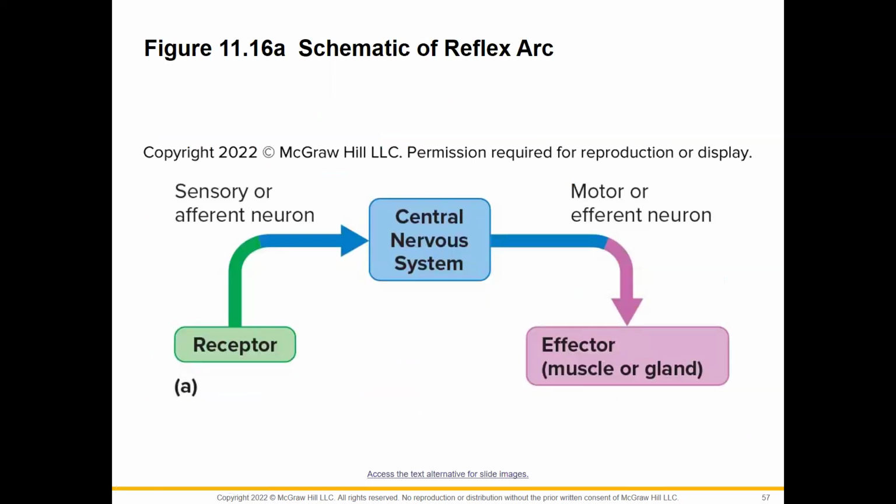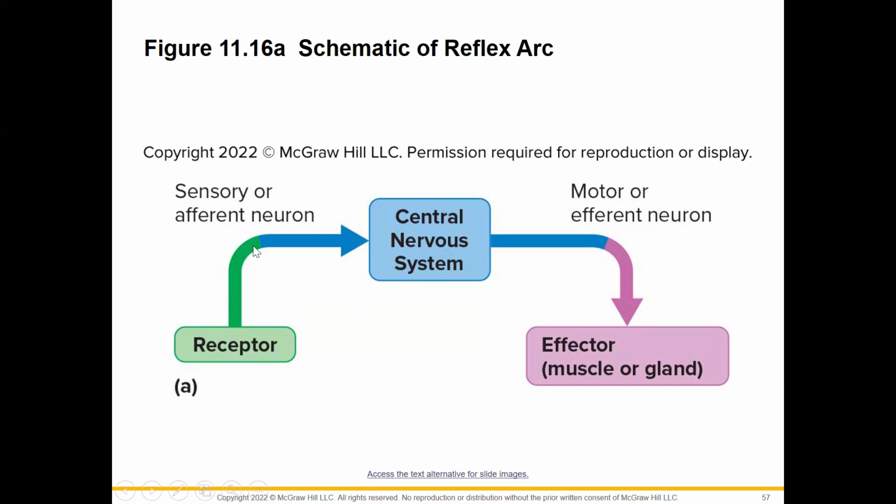You should remember this drawing. I drew this in the beginning of chapter 10, the last chapter that we talked about the basics of the nervous system. So here is a diagram of how an impulse moves throughout the body. The receptor receives the information.